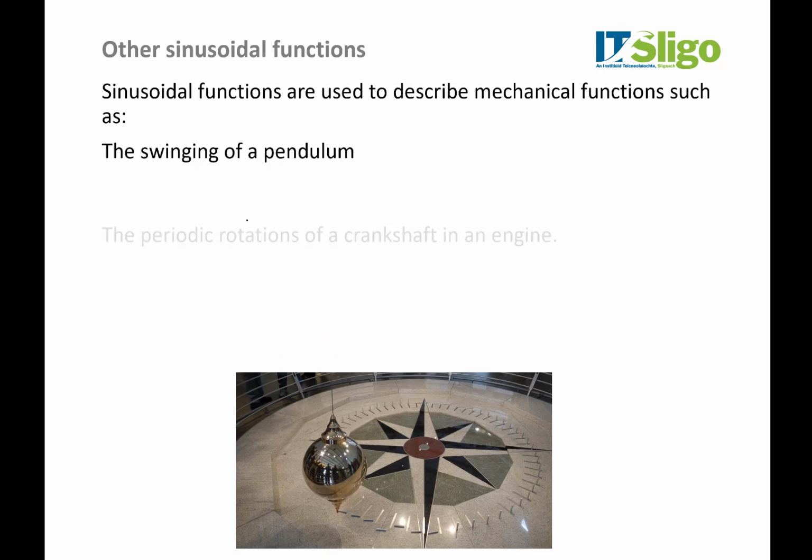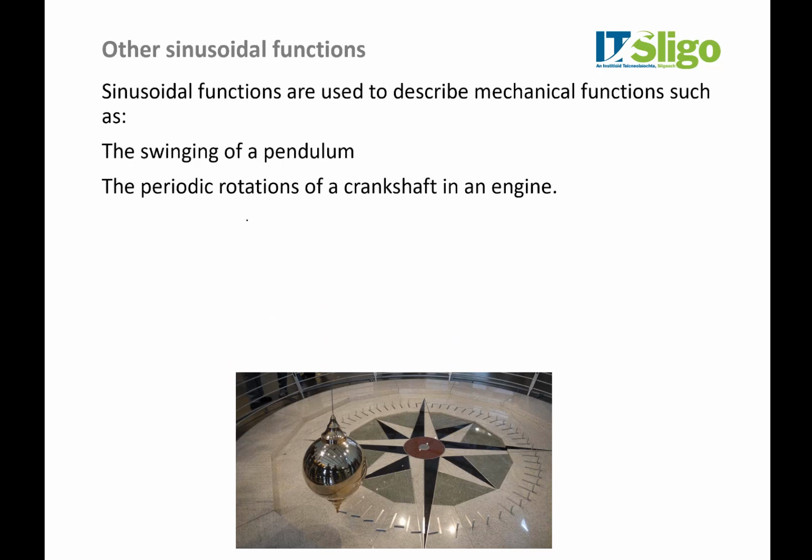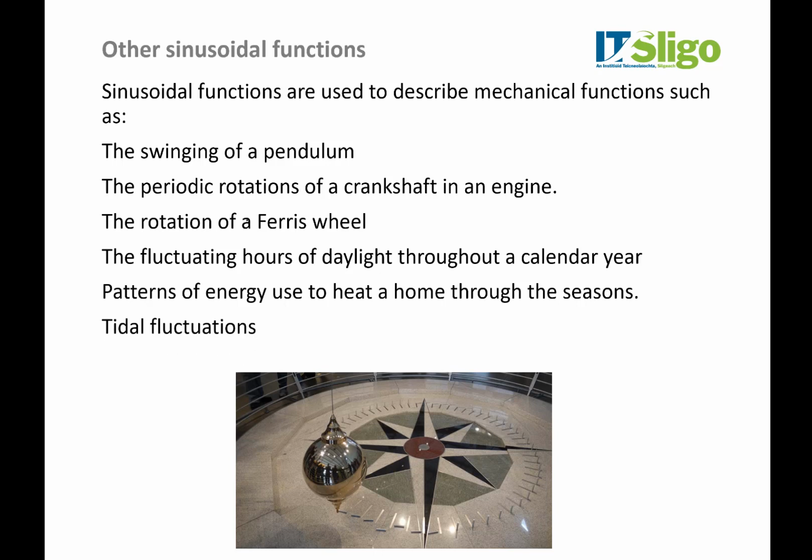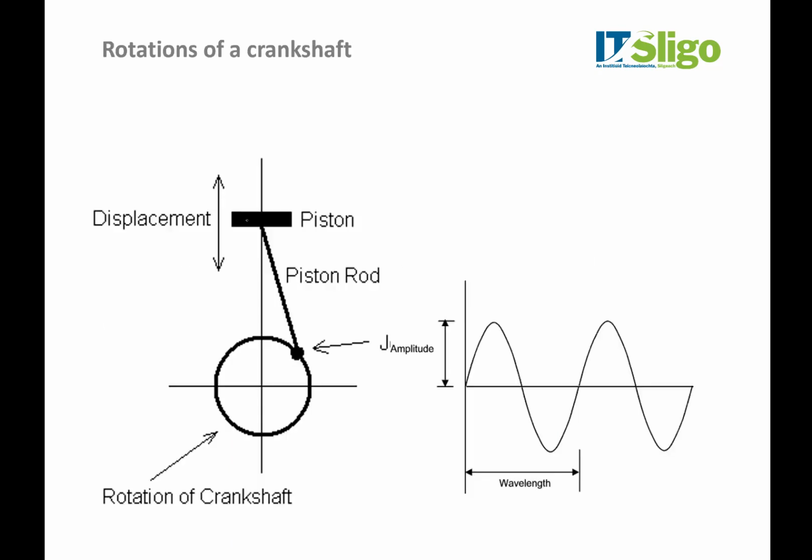And just a few other ones: swinging of a pendulum, crankshaft in a motor, rotation of a Ferris wheel, or a big wheel as we call it, fluctuating hours of daylight throughout a calendar year, patterns of energy use in a house, and tidal fluctuations. These are all governed by sinusoidal or trigonometric functions.